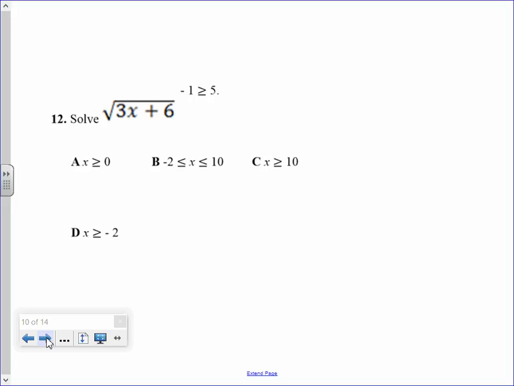Okay, we're going to solve square root of 3x plus 6 minus 1 greater than 5. Okay, I'll rewrite it. Step 1, add the 1, so that we can get the square root stuff by itself.